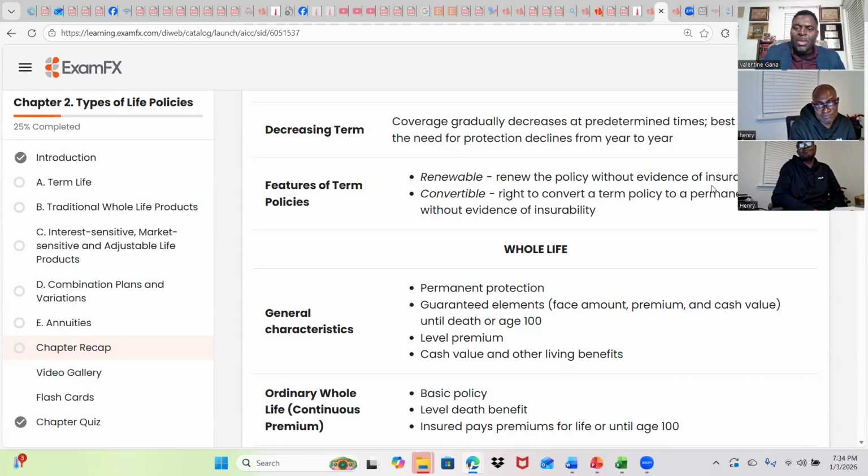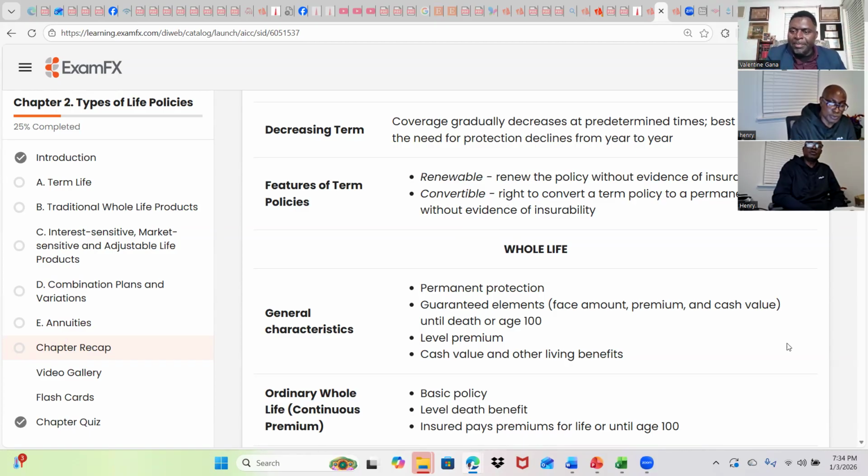So term policies are also convertible. So you can convert your term policy, say, to an IUL, index universal life, but you can convert it only within a certain time of having that policy.